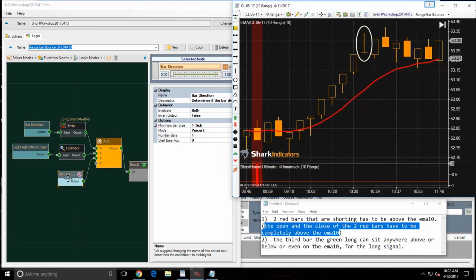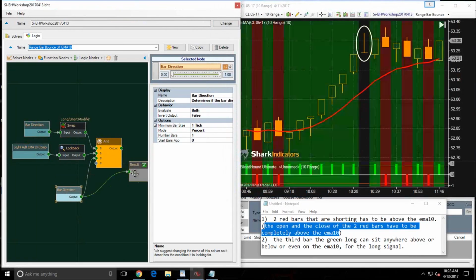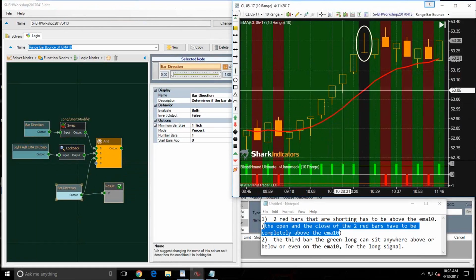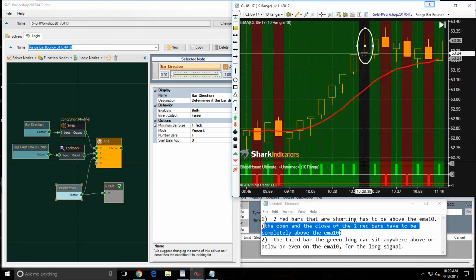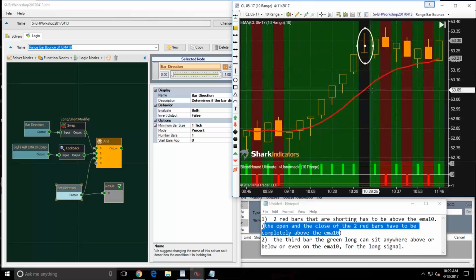So that's kind of what I was thinking of. If we look at this bar direction solver here, we can see all the bar directions are identified except for the doji, right? Because the doji doesn't have a body to measure.